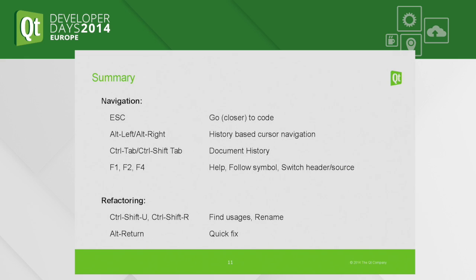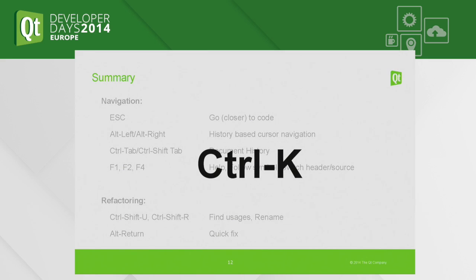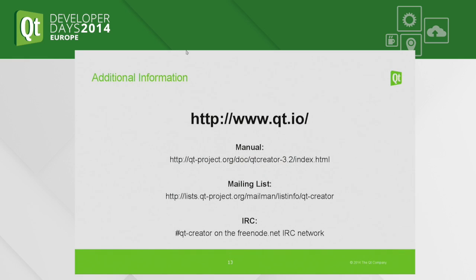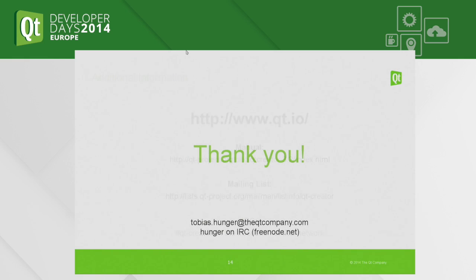There's Ctrl-Shift-U for find usages and refactoring, and Alt-Return for the quick fixes. And of course, what's missing? Yes! Wonderful. So, some URLs, not really important here, just so they are documented. That's basically what I wanted to show you.